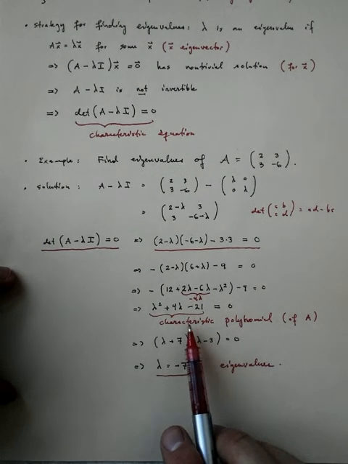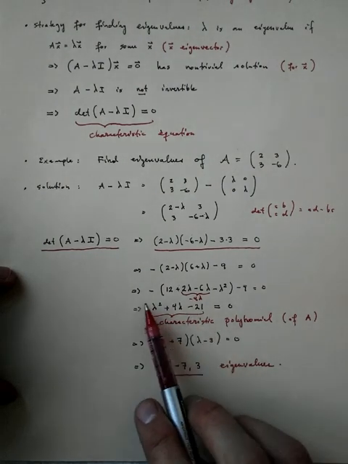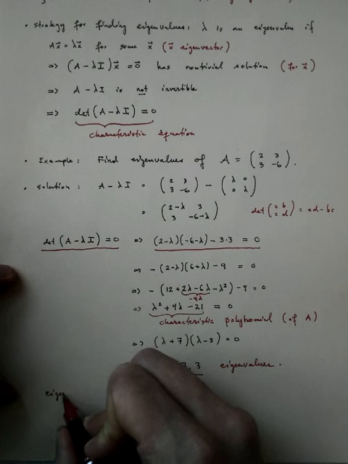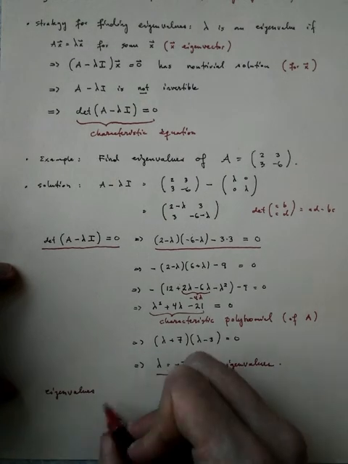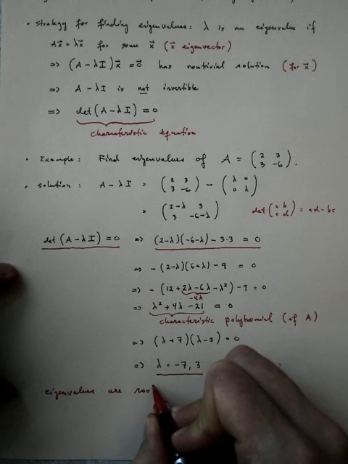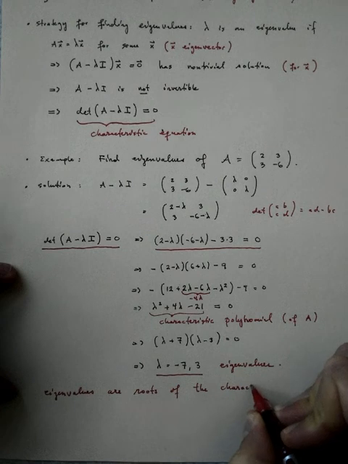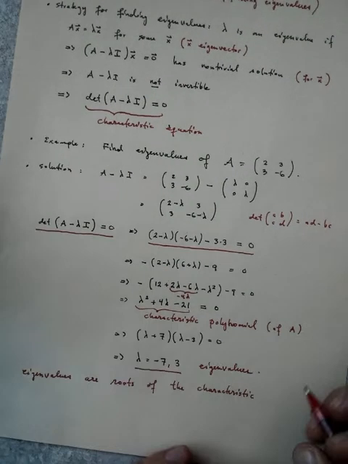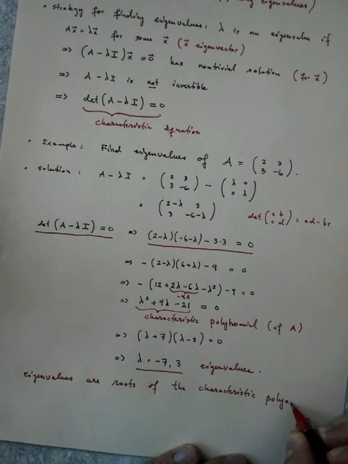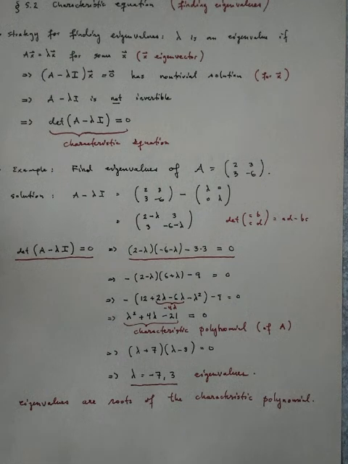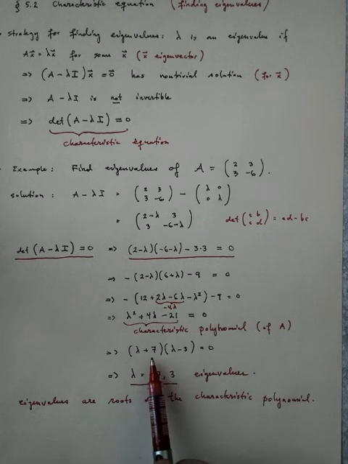Another way to say that, since what's on the left of the characteristic equation is the characteristic polynomial, is that eigenvalues are the roots of the characteristic polynomial. Remember, the root of a polynomial is where the polynomial equals 0. So you can see this polynomial equals 0 at -7 and +3.